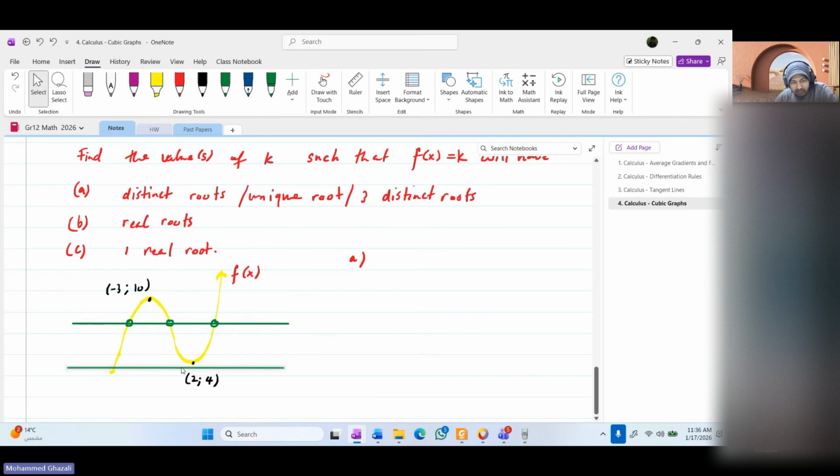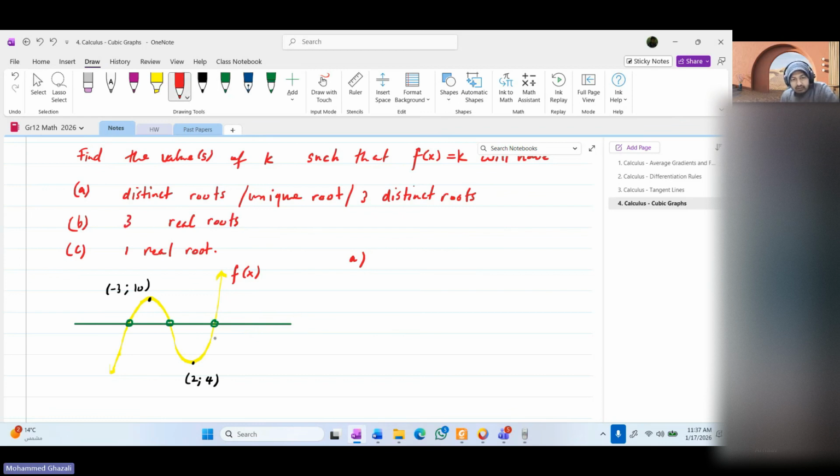If I move it below the lowest point, below the turning point, or above the turning point, it is one real root. On the turning point it is just three real roots.